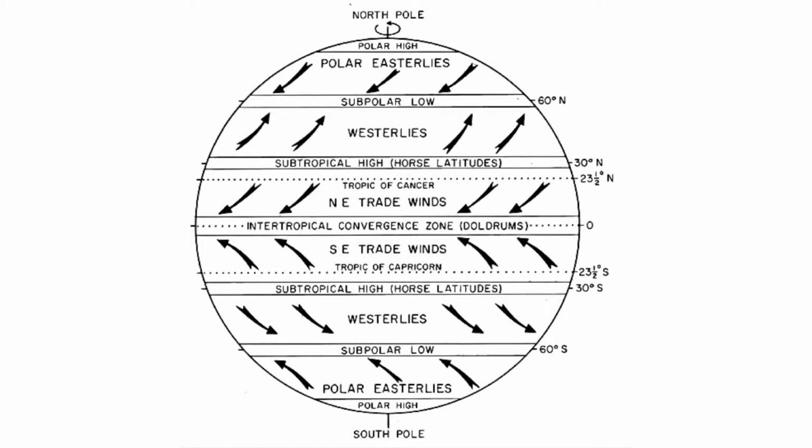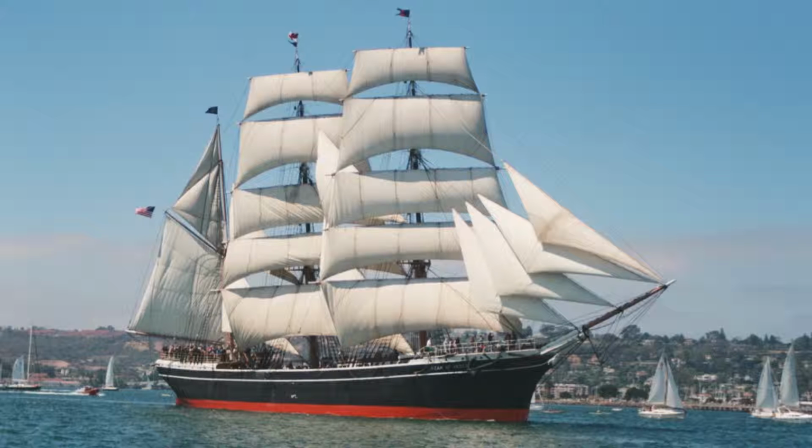Recall that in our study of the global atmospheric air patterns, as illustrated in this slide, we said that above and below the equator, there is a broad band of prevailing easterly or trade winds that blow from east to west between the equator and 30 degrees north and 30 degrees south, whereas north of 30 degrees north and south of 30 degrees south, the prevailing winds are in the opposite direction, westerlies, or winds blowing from the west to the east. This fact was well known to Spanish and Portuguese sailors and navigators in the 15th century.